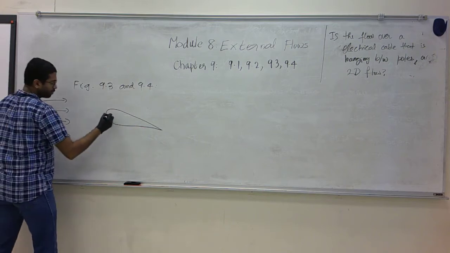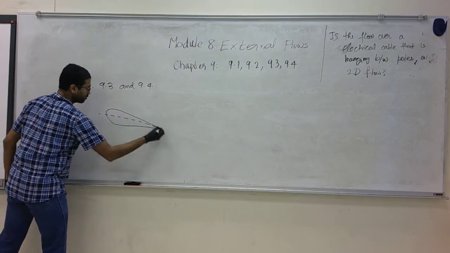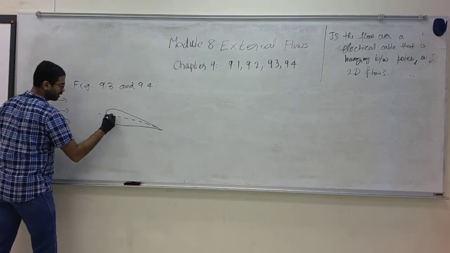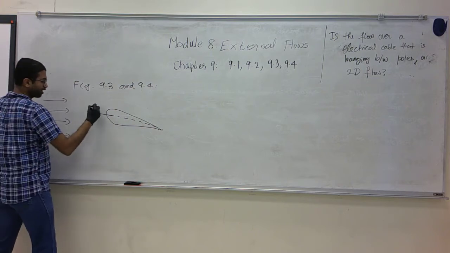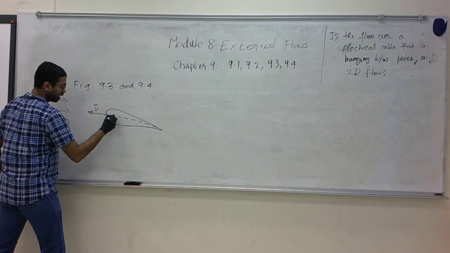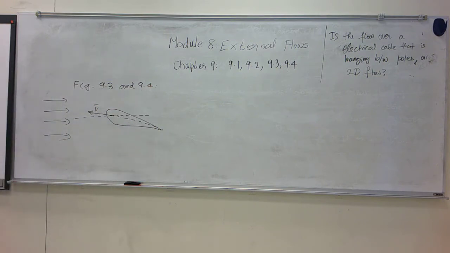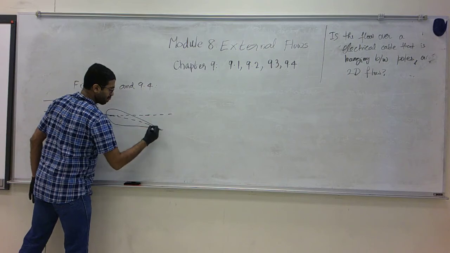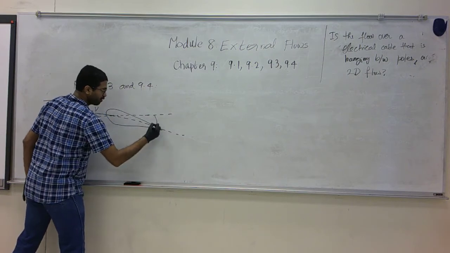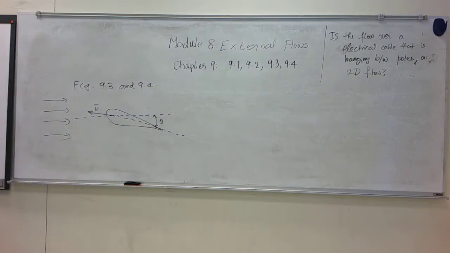Suppose the direction of motion of the airfoil is in this direction, and the angle between the two is given by theta.